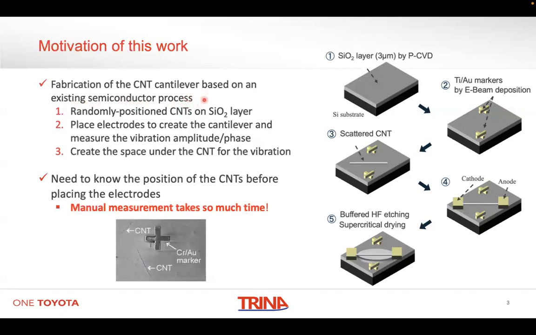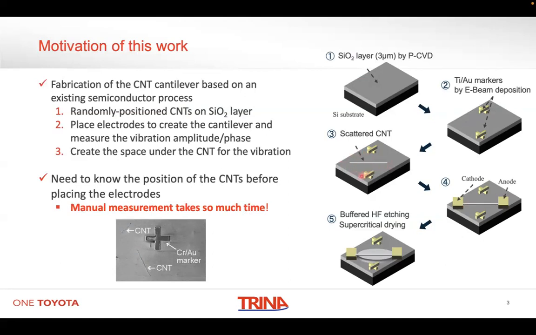The cost of the fabrication is a little bit cheaper, but we have to consider how to develop this tiny structure. In the setup, we first place the carbon nanotubes by scattering them on the silicon dioxide layer, because it's pretty hard to manipulate a single carbon nanotube.